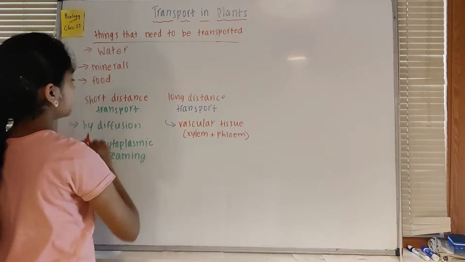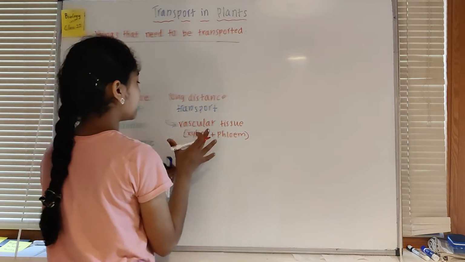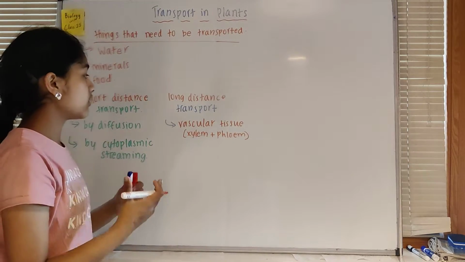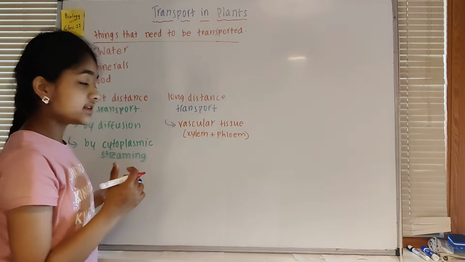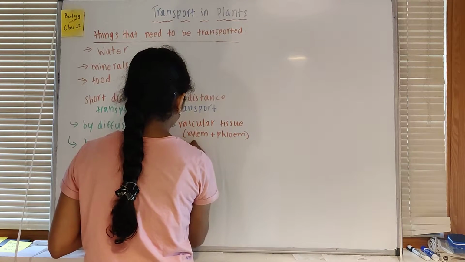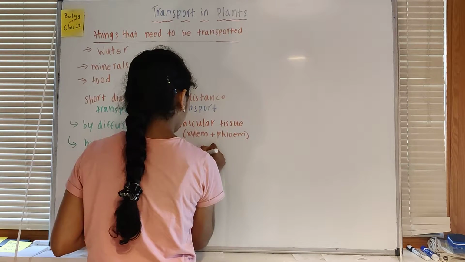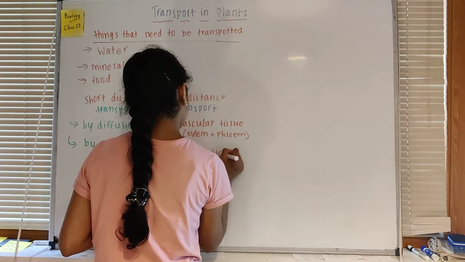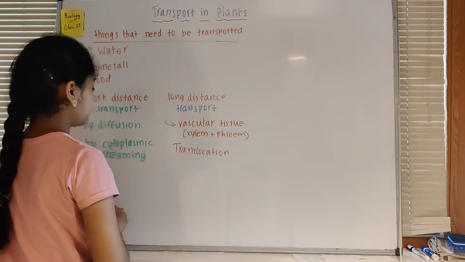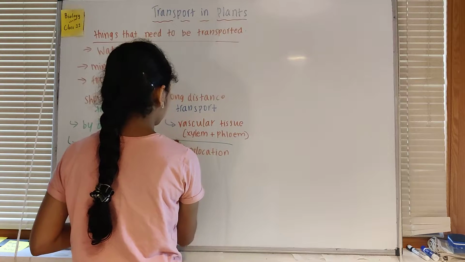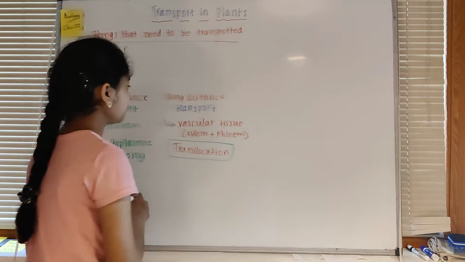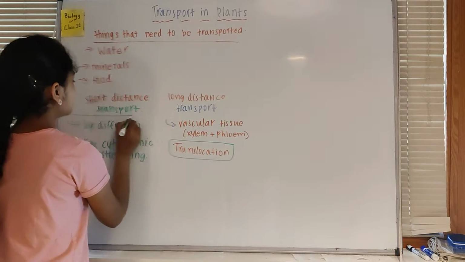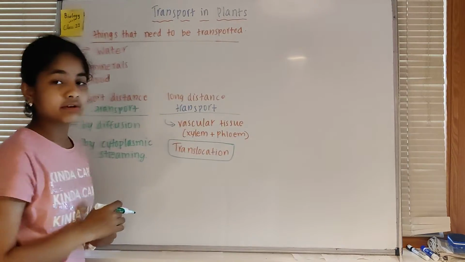For phloem we have the food. And this process of transportation of water, minerals, and food is known as translocation. This is also a very important term that we need to know. So this is the short distance transport and the long distance transport.